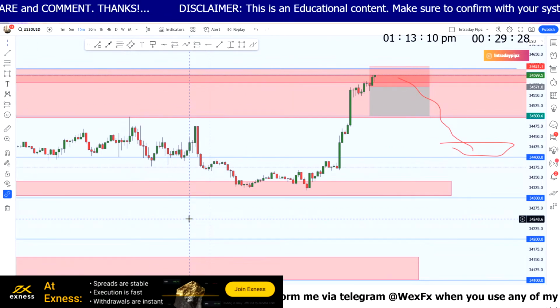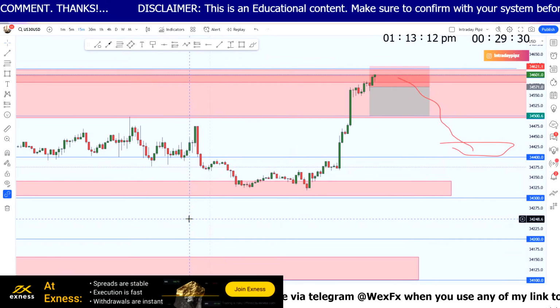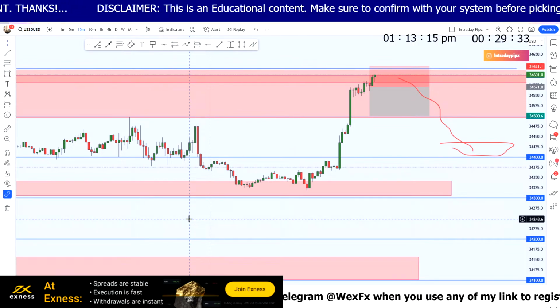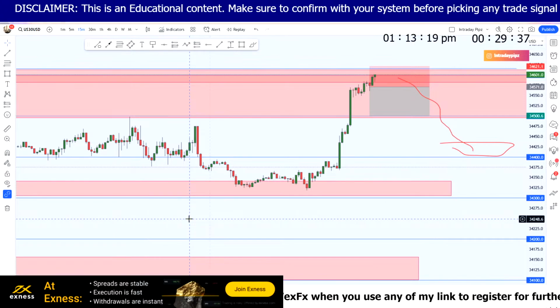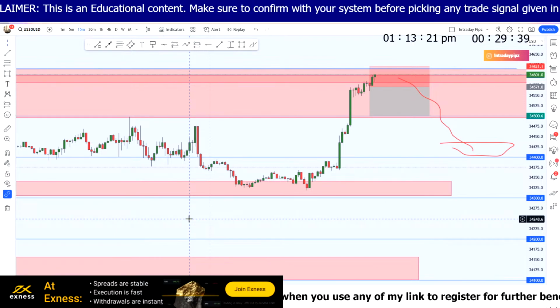US30 is still bullish. That is why I always talk about confirmation. You want to see certain levels taken out before you engage.